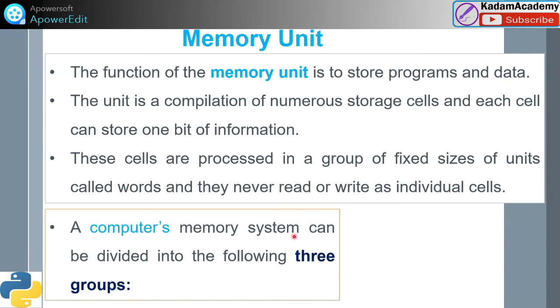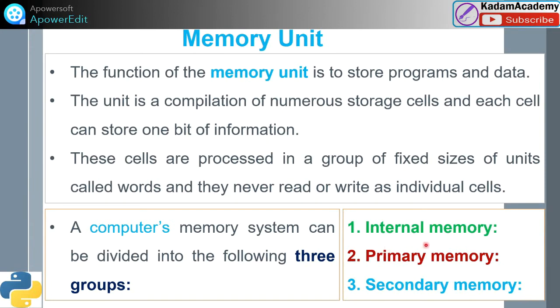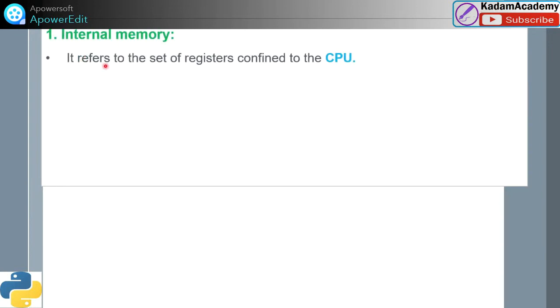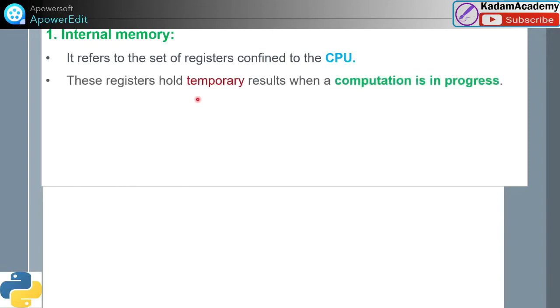The computer's memory system can be divided into the following three groups: internal memory, primary memory, and secondary memory. Internal memory refers to a set of registers confined to the CPU, and these registers hold temporary results while a computation is in progress.